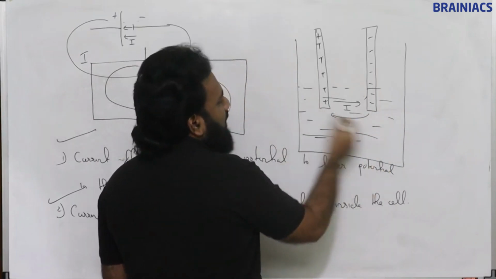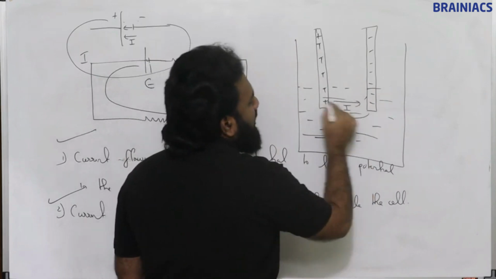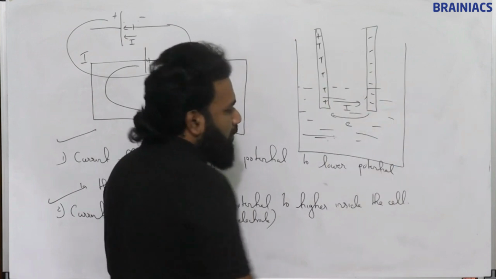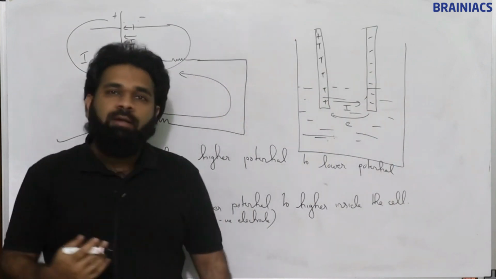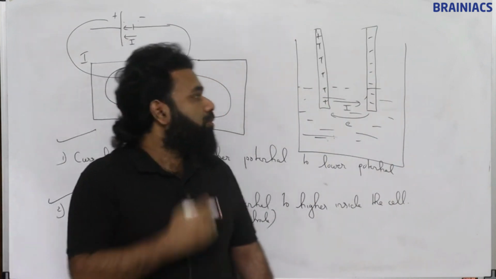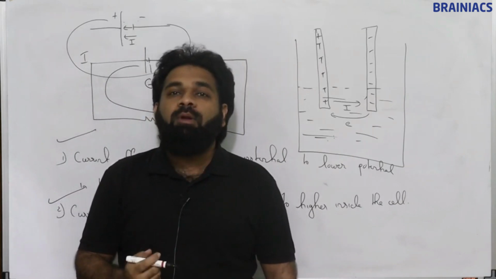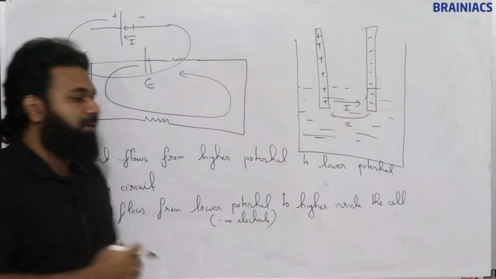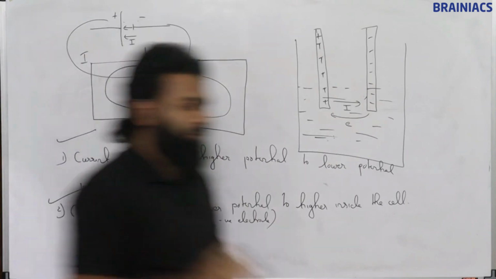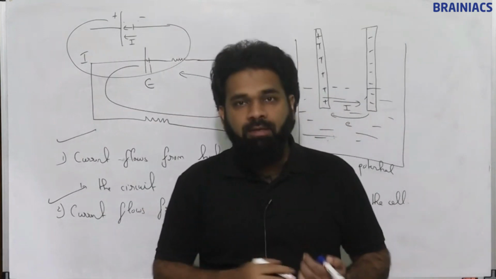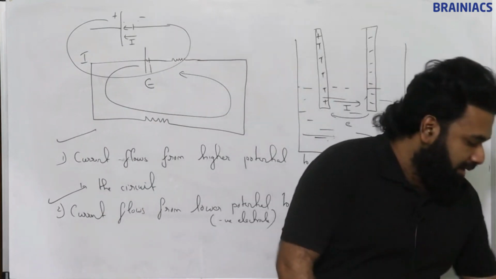When it tries to come, the current will be going in that direction, from positive to negative. So when current goes from positive to negative terminal inside the cell, there will be some obstruction for that also. That is called internal resistance.